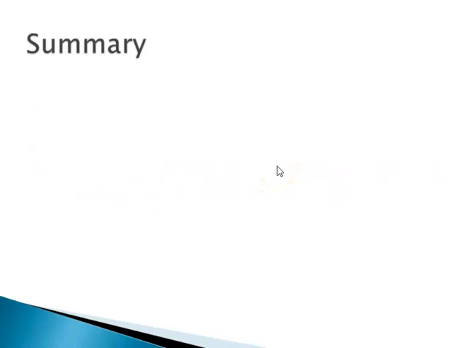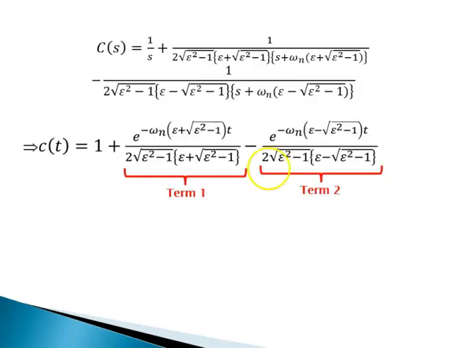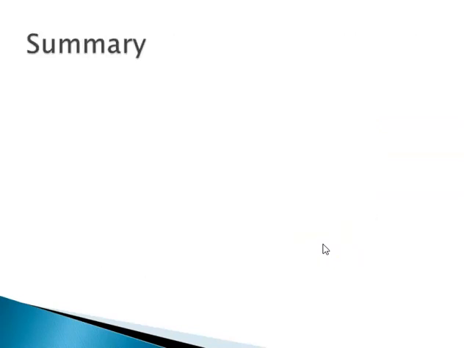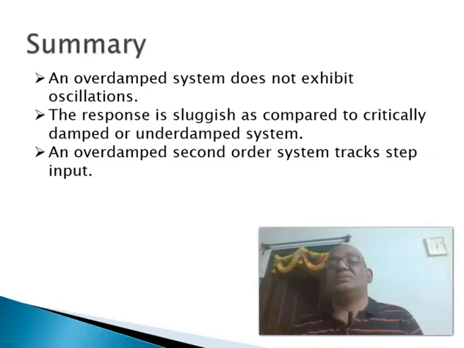As time t tends to infinity, we see that for either the exact expression or the approximate expression, the negative exponential kills term 1 and it kills term 2 also. So in either case, it tracks a step input, whether it is the exact response or the approximate response.